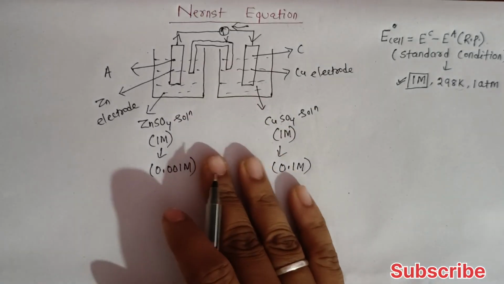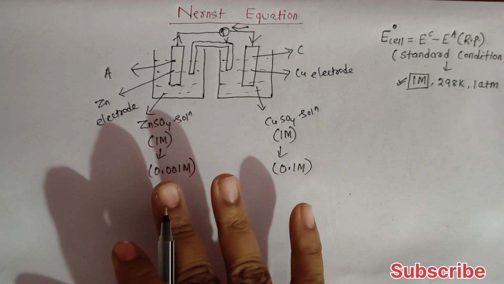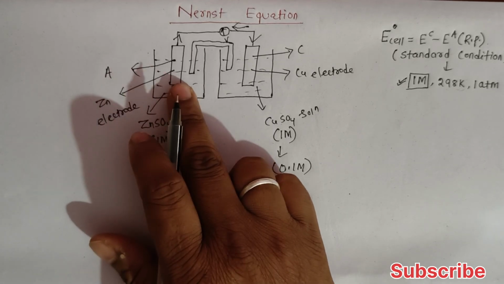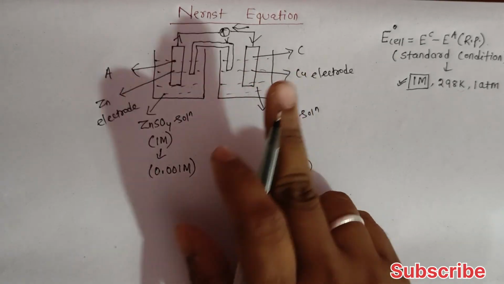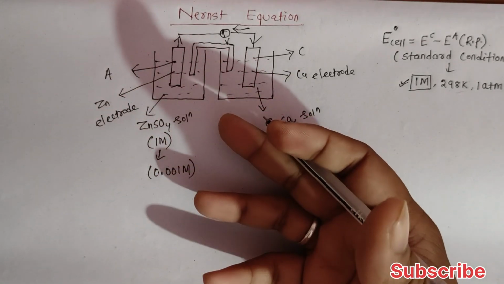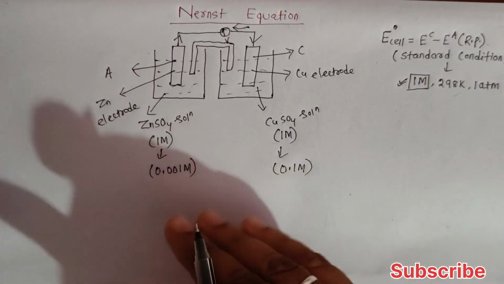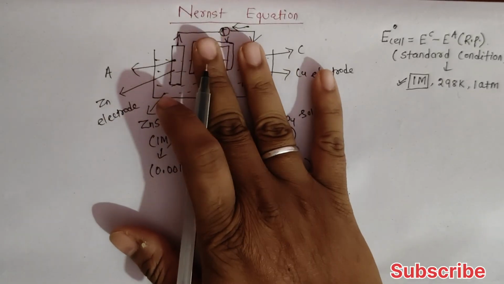Very simple. But when there is a difference in the concentrations, that means we take 0.001 M zinc sulfate solution and 0.1 M copper sulfate solution. Then how can we easily calculate the EMF of a cell? Then we have to put that equation, and that equation is called the Nernst equation.